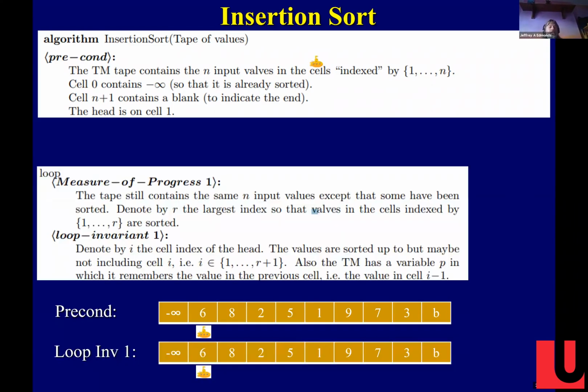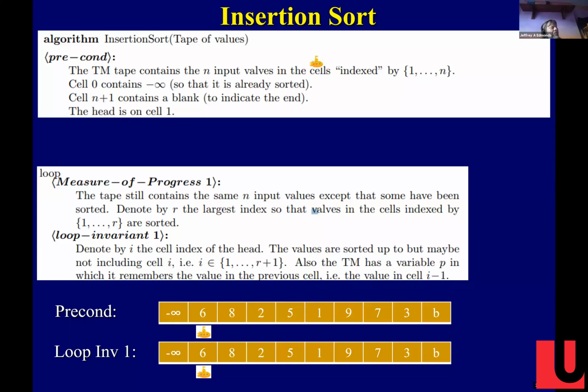All right? So then we're going to have a loop invariant. And what's the loop invariant? First I'm going to talk about a measure of progress, right? So you can imagine I have numbers that aren't sorted and I keep inserting them where it's sorted, right? So the measure of progress is how many numbers I have sorted. I'm going to sort more and more numbers.